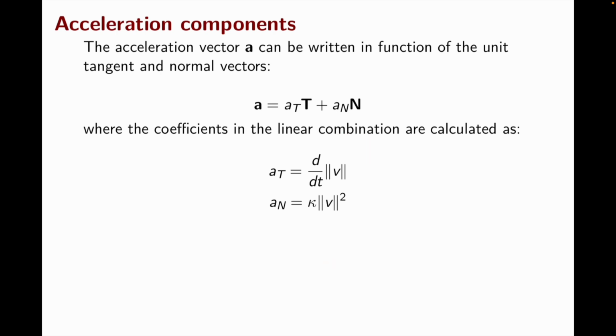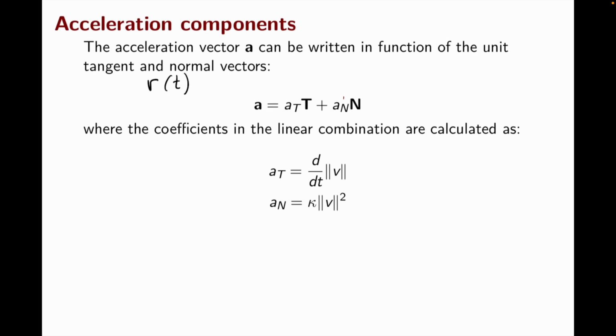The coefficient that we have to multiply by the tangent vector is the derivative of the norm of the velocity. And the coefficient multiplying the normal vector is the curvature multiplied by the norm of the velocity squared.